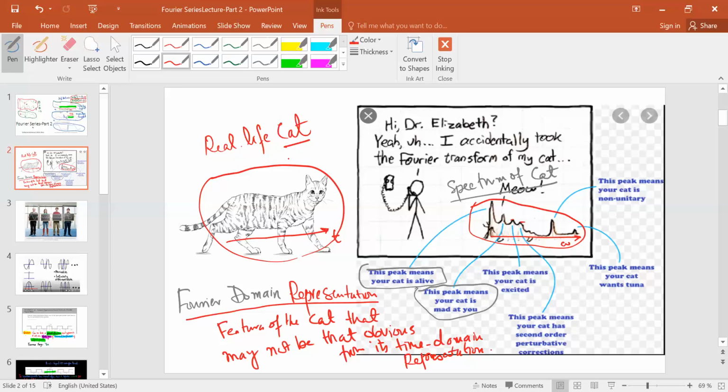And when we say frequency domain representation, we have two things in our mind right now: one is Fourier series, another is Fourier transform. But since I'm dealing right now with periodic signals, whenever I'm talking about the Fourier domain, I am invariably thinking in the back of my mind about Fourier series.